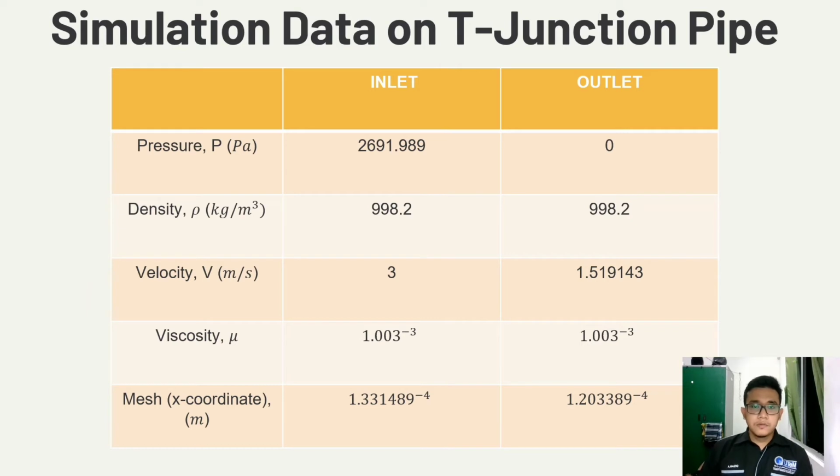So the inlet is 291.989 and the outlet 0, which means this is not for the sides; the outlet is for left and right, and the inlet is from above. So this only calculates from above, not from side to side. And the density is the same. Density, as you can see, 3 and 1.5, and viscosity is the same. The mesh coordinate x is this type of data, 1.331 and 1.2.